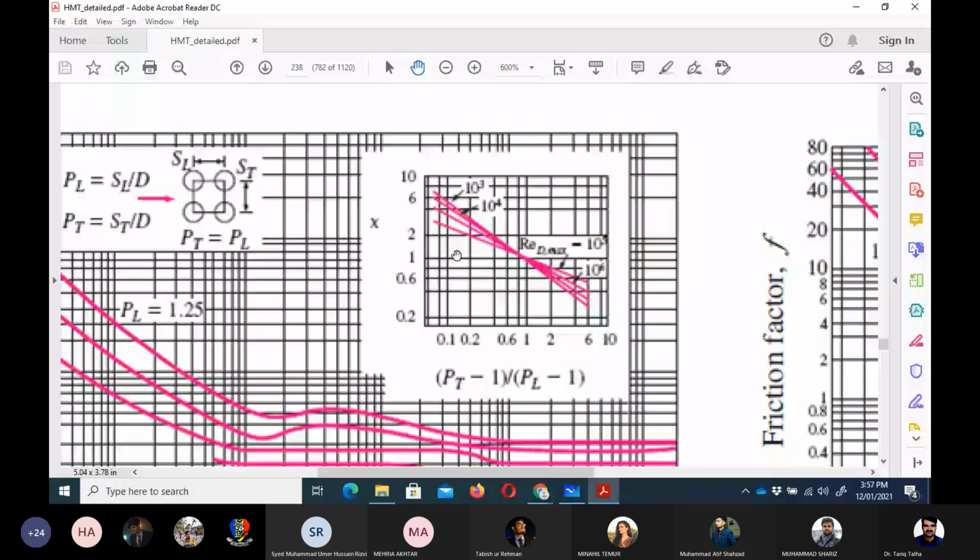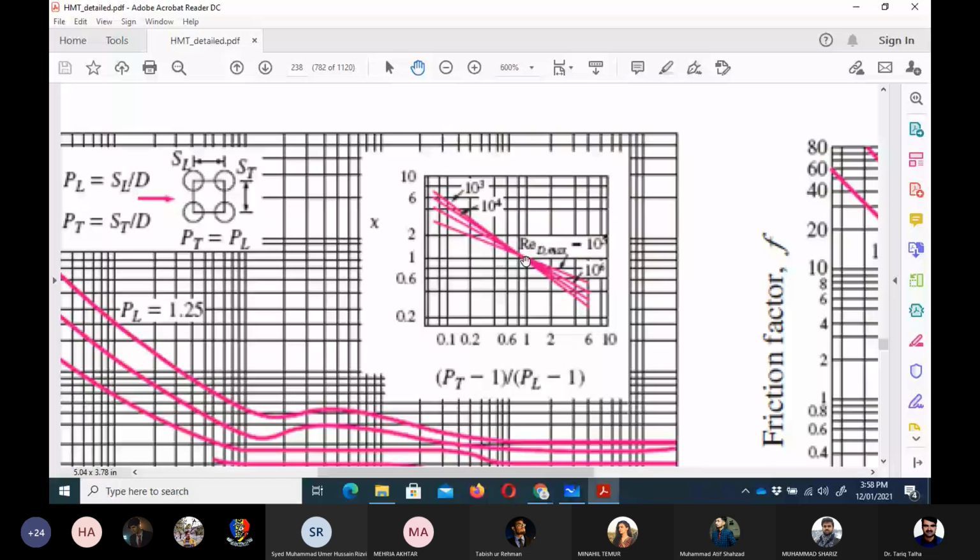You can see 1000, then 10,000, and then 10 to the power 5, 10 to the power 6. They are not very clear. If SL is equal to ST, then PT would be equal to PL, so this quantity would be equal to 1, and against 1 the correction factor would be equal to 1.